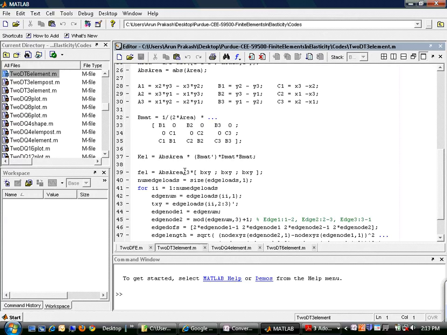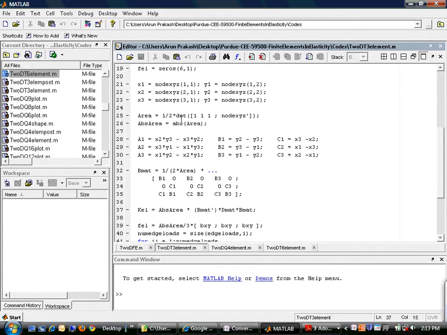Some people, I think, made a mistake differentiating between the absolute area versus the determinant. The signed area has a sign. If you don't choose your elements in the counterclockwise direction, this sign will turn out to be negative.